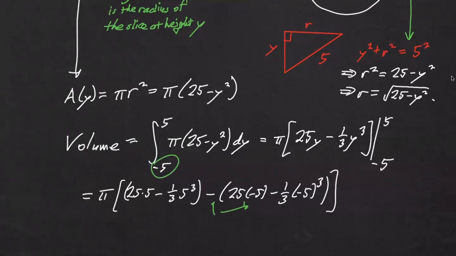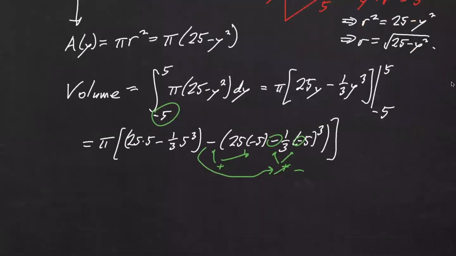There are 4 minuses, because there's 3 minuses here and another minus here, so that's a plus. But with this minus, it really becomes a minus. So we get pi times 20... I'm going to write that 25 times 5 is 5 cubed, minus 1/3 5 cubed, plus another 5 cubed, and then minus another 1/3 5 cubed.